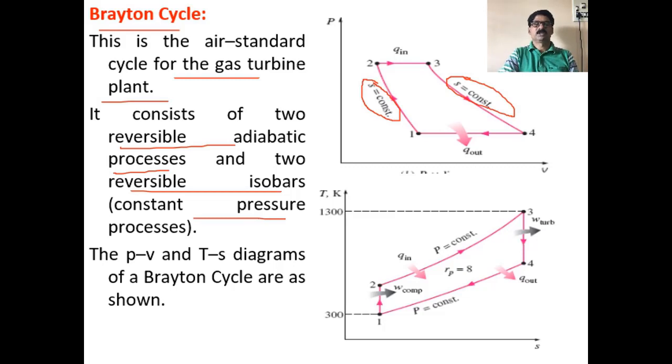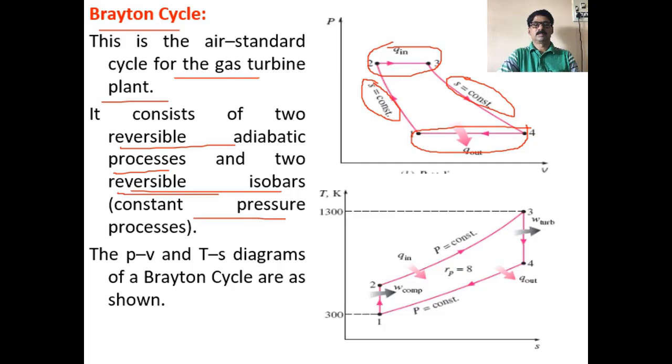Both compression and expansion are reversible adiabatic or isentropic processes, whereas 2 to 3 is the constant pressure heat addition process, and 4 to 1 is a constant pressure heat rejection process. That means there are two reversible isobars or constant pressure processes.